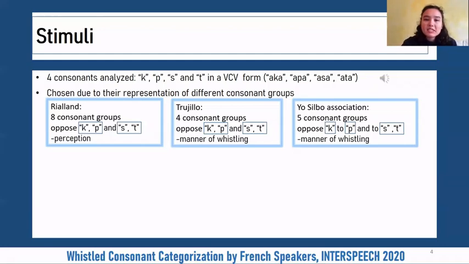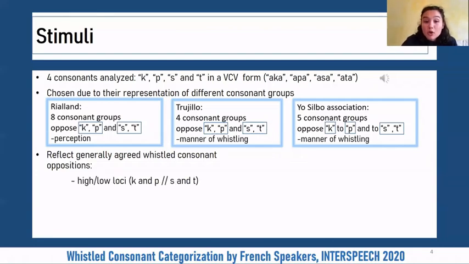However, despite these differences in consonant groups proposed here, usually this research agrees on certain consonant oppositions, which include high and low loci, and continuous and non-continuous.